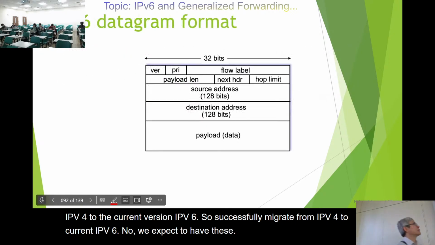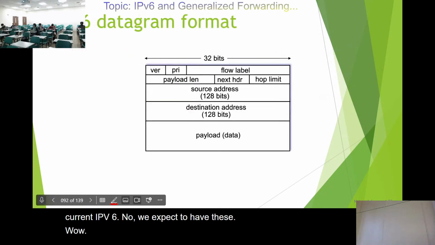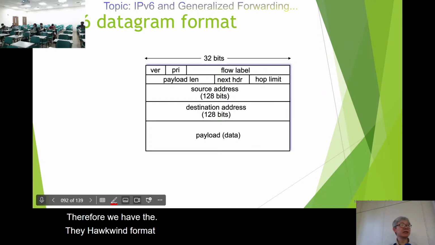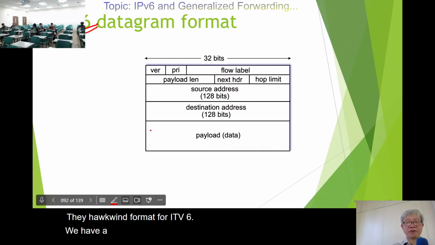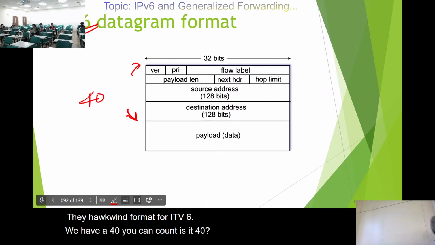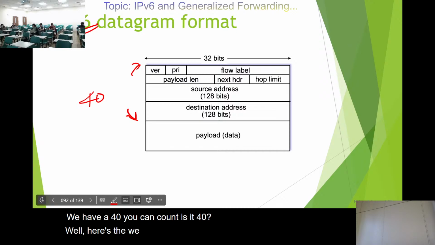Well, therefore, we have the datagram format for IPv6. We have 40 bytes. You can count, is it 40? Previously, we didn't know that we had short headers.